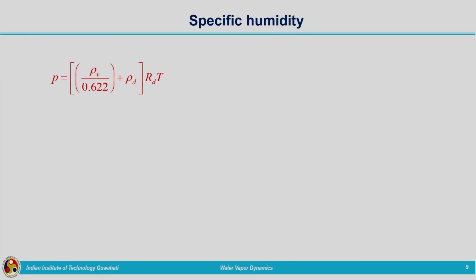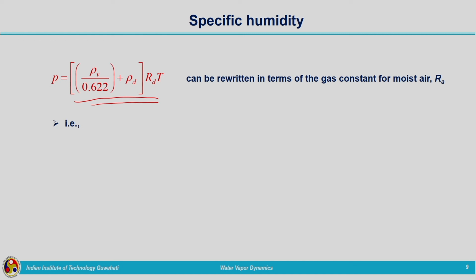We have the equation for total pressure given by this equation, and that can be written again, that is, total pressure is due to moist air.